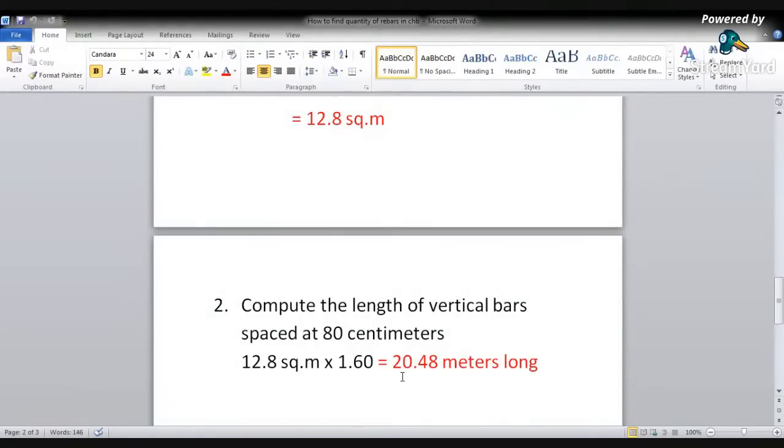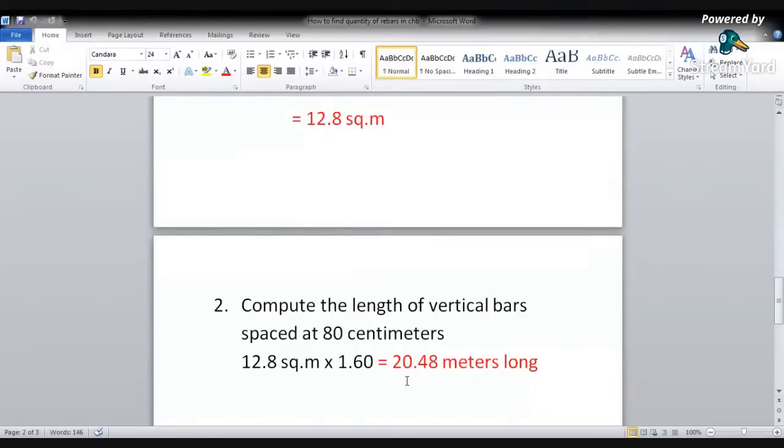So for the vertical bars, you need 20.48 meters long. It's very easy. You now know how many meters you need for the vertical bars. You need only 20.48 meters for the size of 4 by 3.2 meters fence.